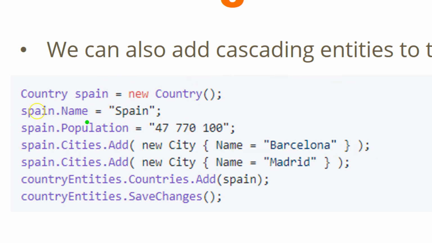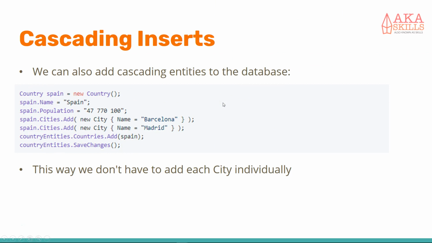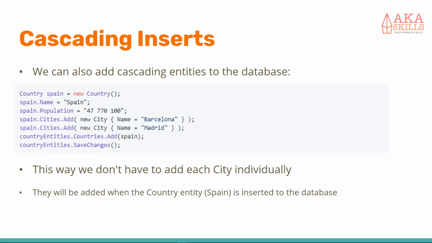We're not doing that. We're directly saying spain.Cities.Add a new city. So here is how we do it. In the end, what we're saying is countryEntities.Countries.Add the Spain country. And after that just SaveChanges. So in this way we don't have to add each city individually. They will be added when the country entity Spain is inserted into the database.